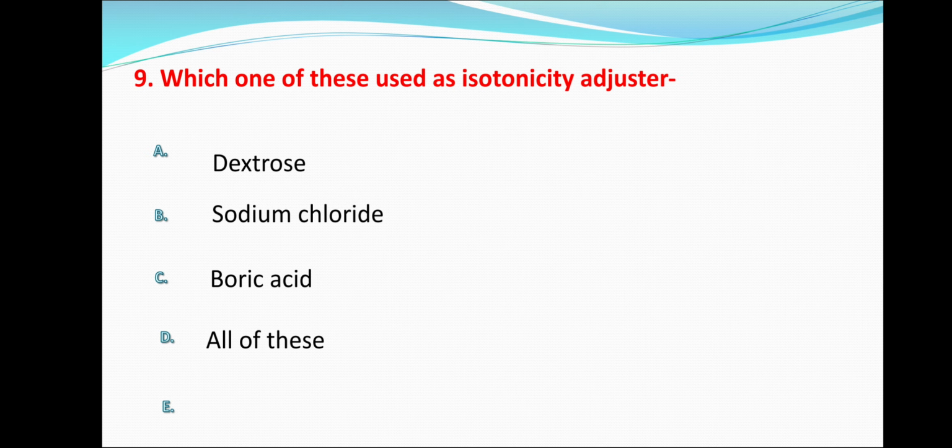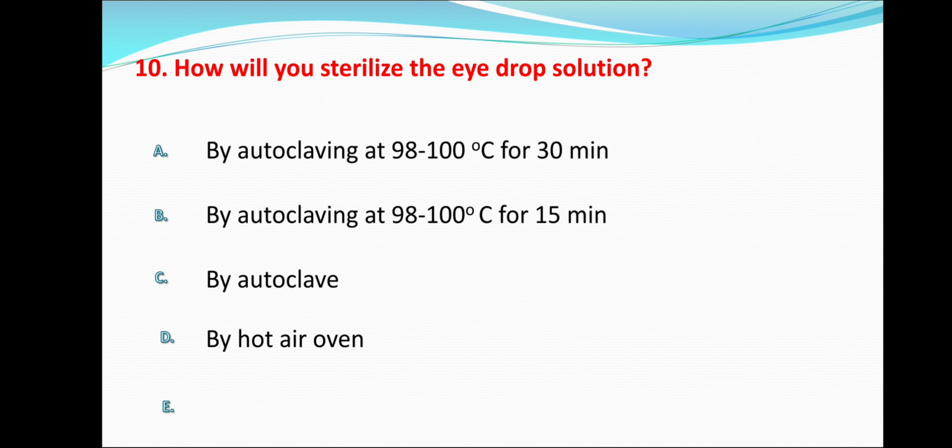Next question. Which one of these is used as an isotonicity adjuster? Dextrose, sodium chloride, boric acid, all of these. The correct answer will be option B, that is sodium chloride. Now the last question. How will you sterilize the eye drop solution?